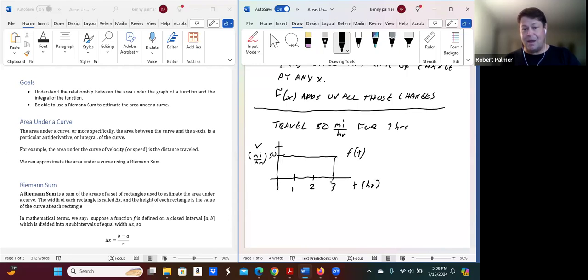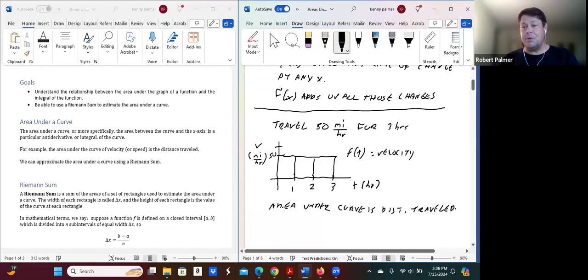If we add up the area under the curve, where f of t is equal to our velocity or speed, then the area under the curve is the distance traveled.